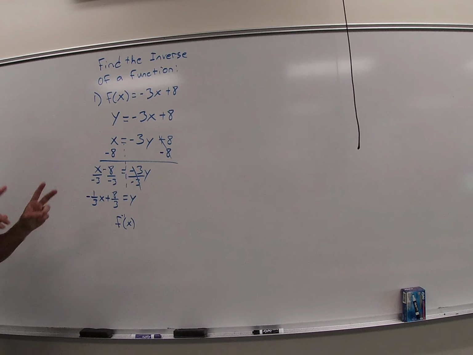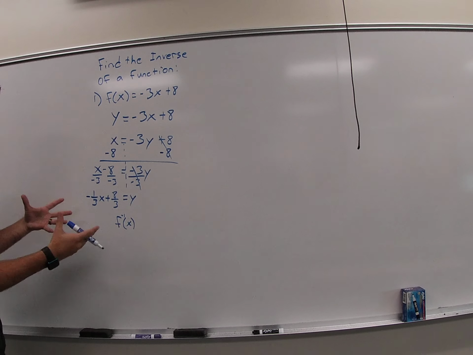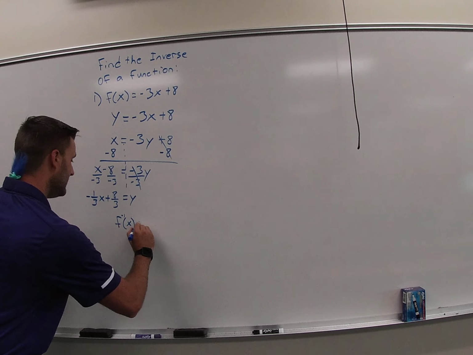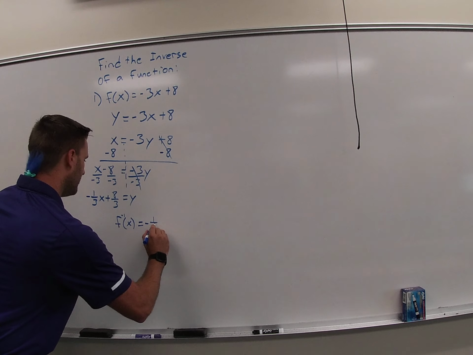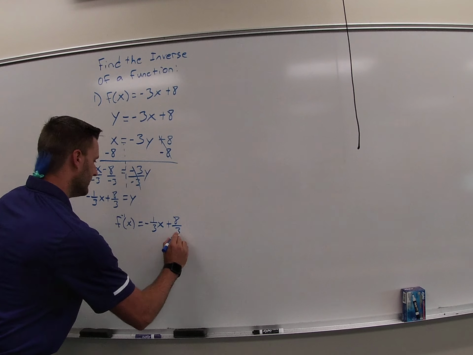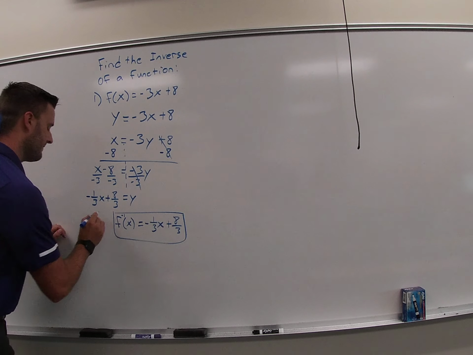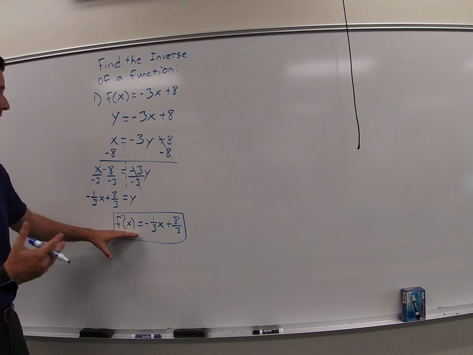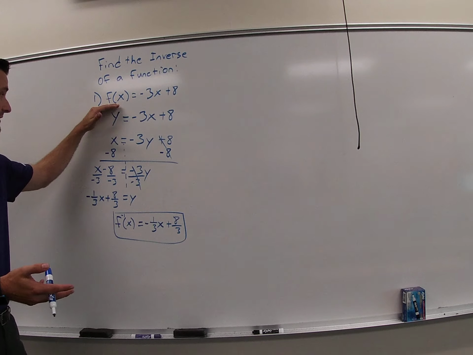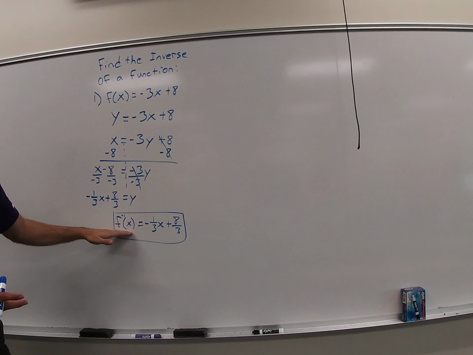So this exponent-looking symbol, the negative 1 power, is not actually an exponent, but it's f inverse of x equals what we just found, which is negative 1/3 x plus 8 over 3. And so this is our inverse from our original. And so now we can see that the original was f of x and my inverse was f inverse of x.